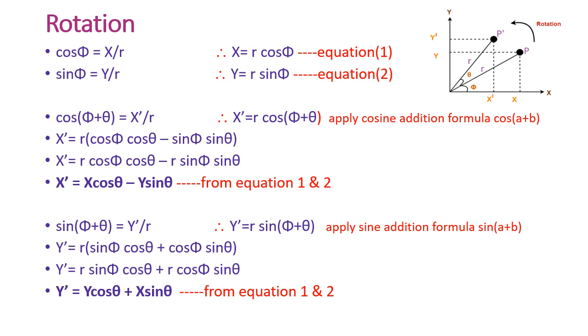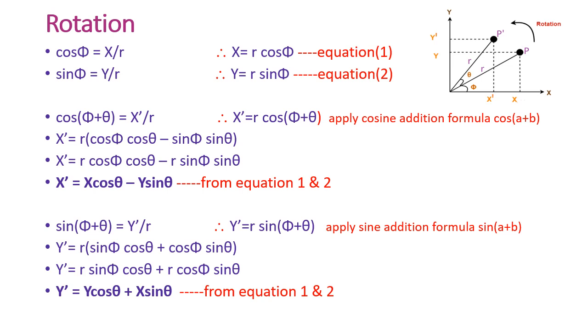Now we have the equation cos of phi plus theta is equal to x dash upon r. So we have to calculate the value of x dash. So x dash is equal to r cos of phi plus theta. Now here we apply the cosine addition formula, that is cos of a plus b. After applying it, we get x dash is equal to r times cos phi cos theta minus sin phi sin theta.